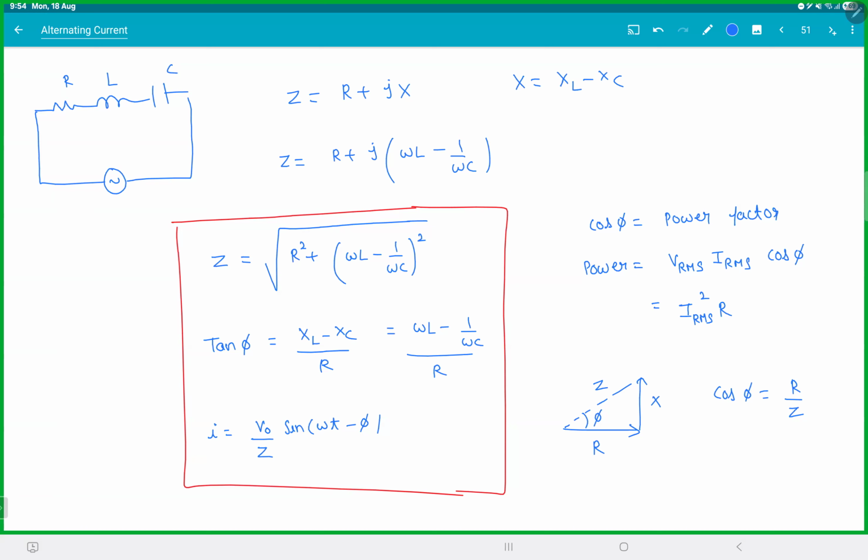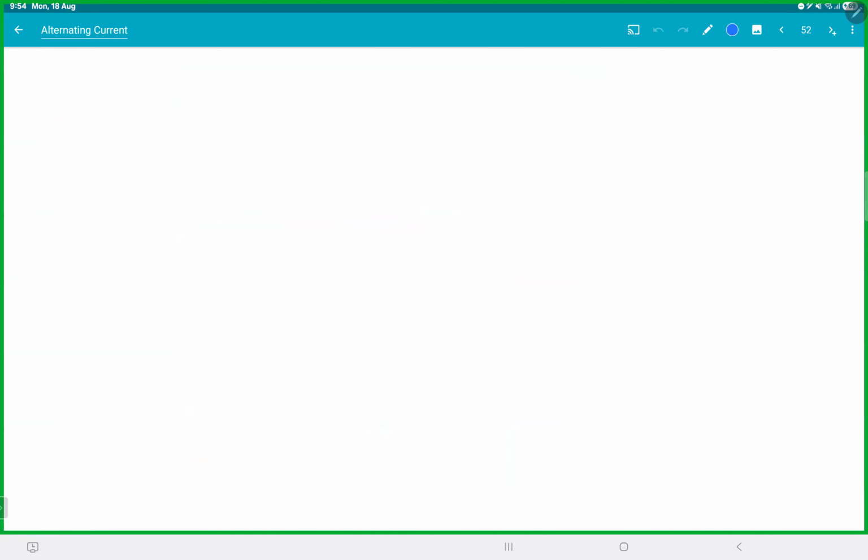Clear? Next thing. Now, we also know how to find this VR as function of time t and everything. Let me write that down also. VR bar is I into R bar. That will be V naught by Z into R sine omega t minus phi.